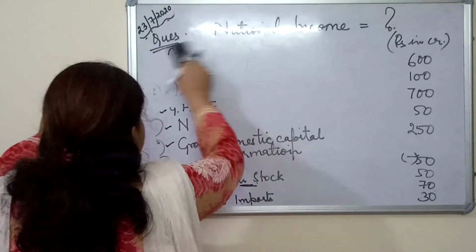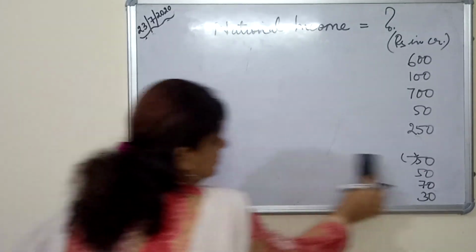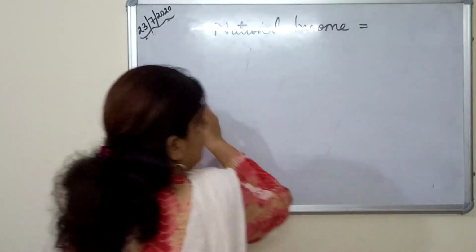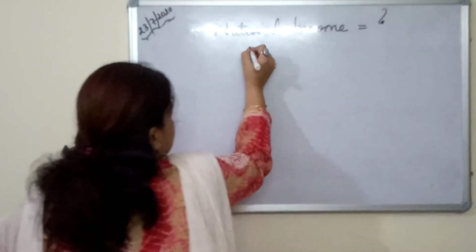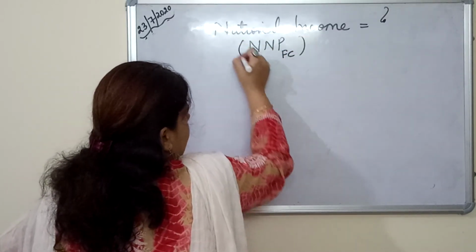Now, how will you solve this question? This is NNP at factor cost, which you have to find.